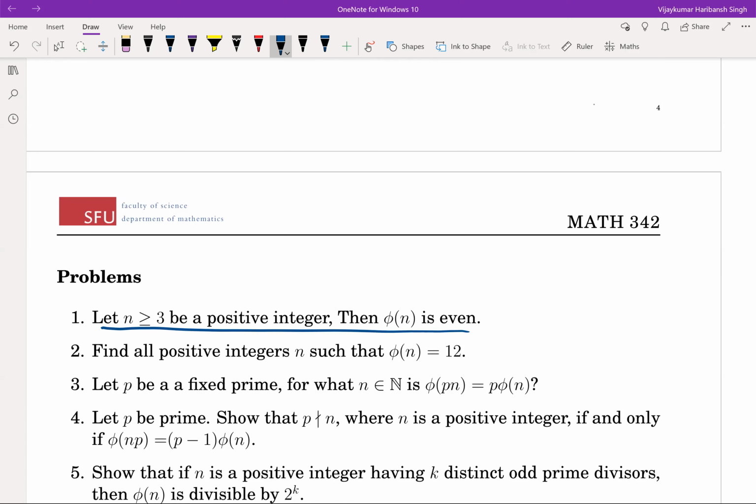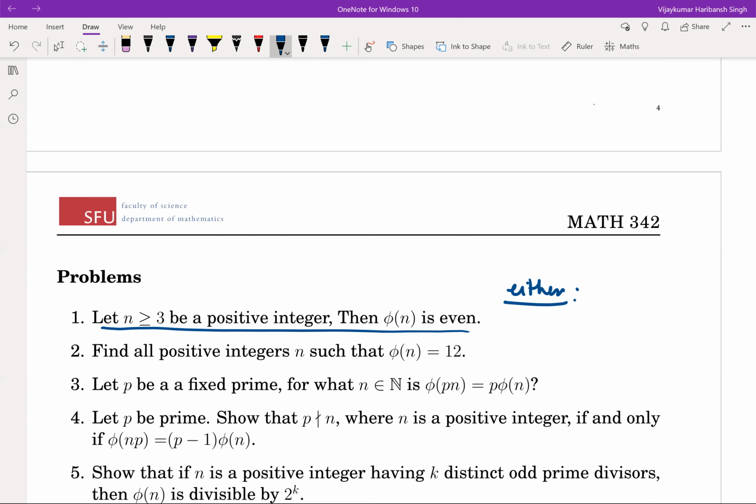If n is greater than or equal to 3, then either it has a power of 2 in it, and you look at the appropriate power of 2, or if it has a prime, then it has to be an odd prime, and p minus 1 for that odd prime would be even.